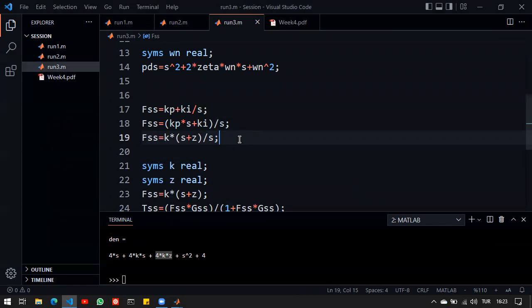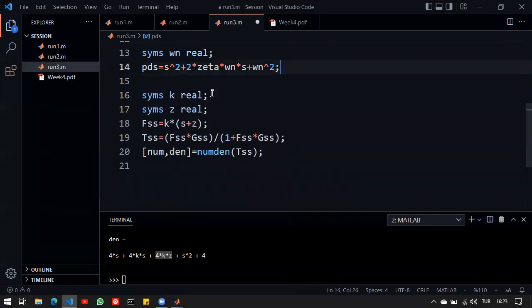So therefore, I'm again going to use K and Z, but never do this if you're using the algebraic method. I'm just showing you this. Instead, you should define Kp and Ki and define your transfer function like that for the controller. But I'm going to be a bad example for this.